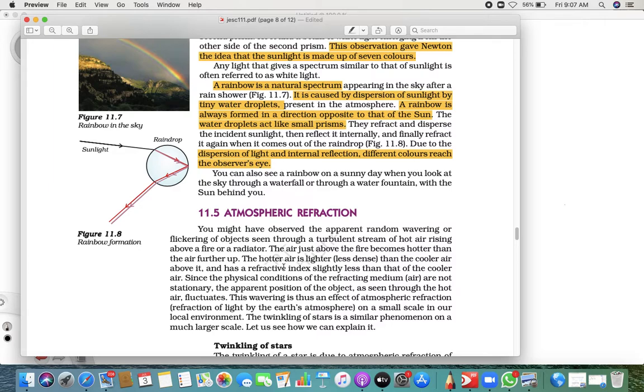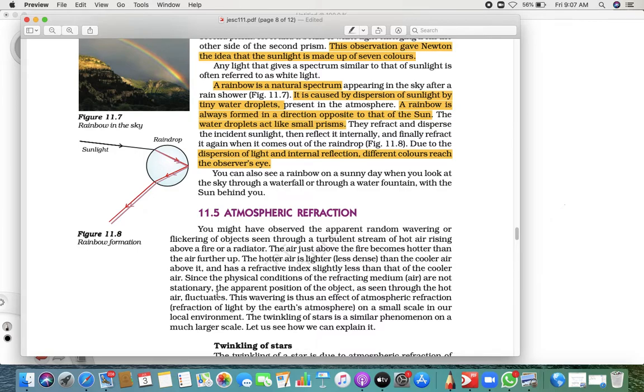Dense means what? We say dense forest. Dense means together. So in hotter air, the particles are far from each other, so it is less dense. While in cooler air, the particles are near to each other, so it is more dense. Since the physical conditions of the refracting mediums are not stationary, one is less dense, the other is more dense. So definitely there is some atmospheric refraction.